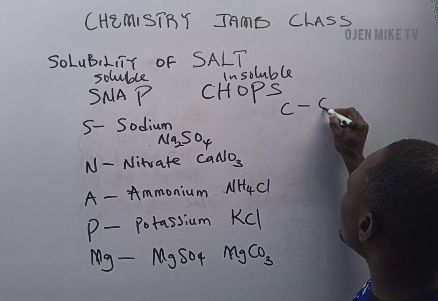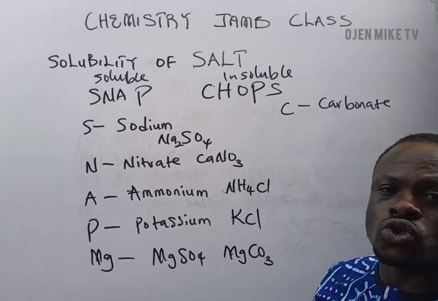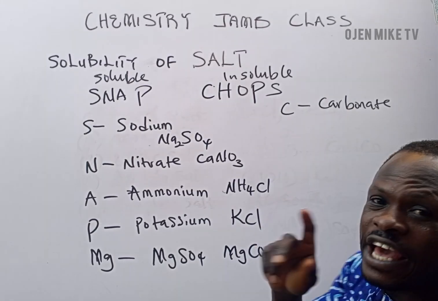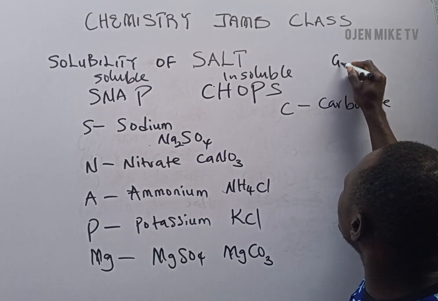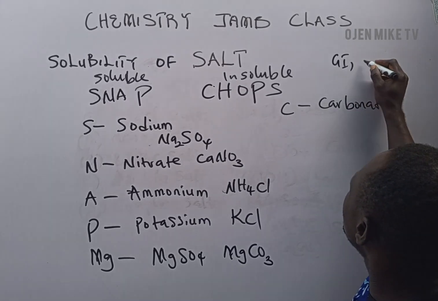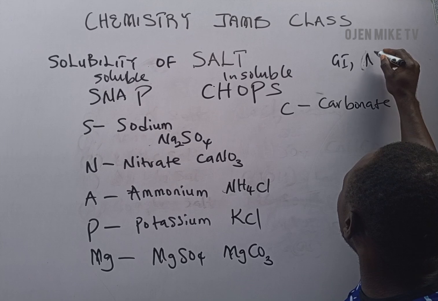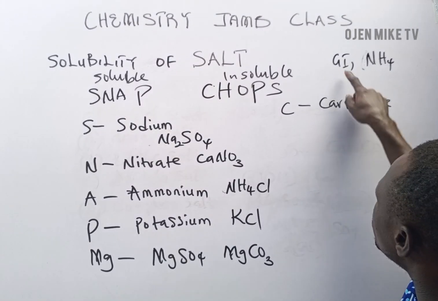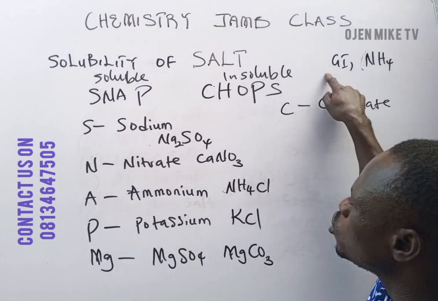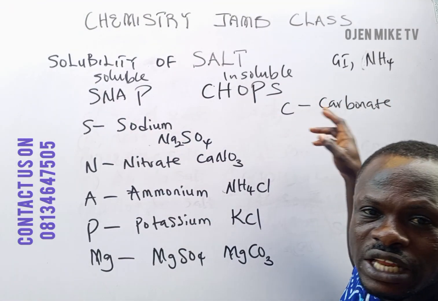So C here stands for carbonate. Any salt that contains carbonate is insoluble, except for group 1 and ammonium salts. Those containing group 1 members, which are sodium, potassium, lithium, are the only ones that are soluble.